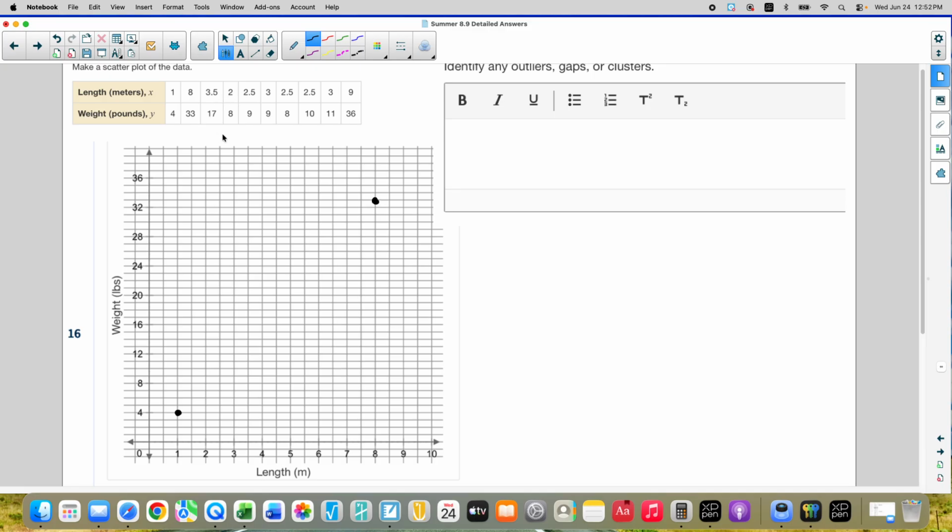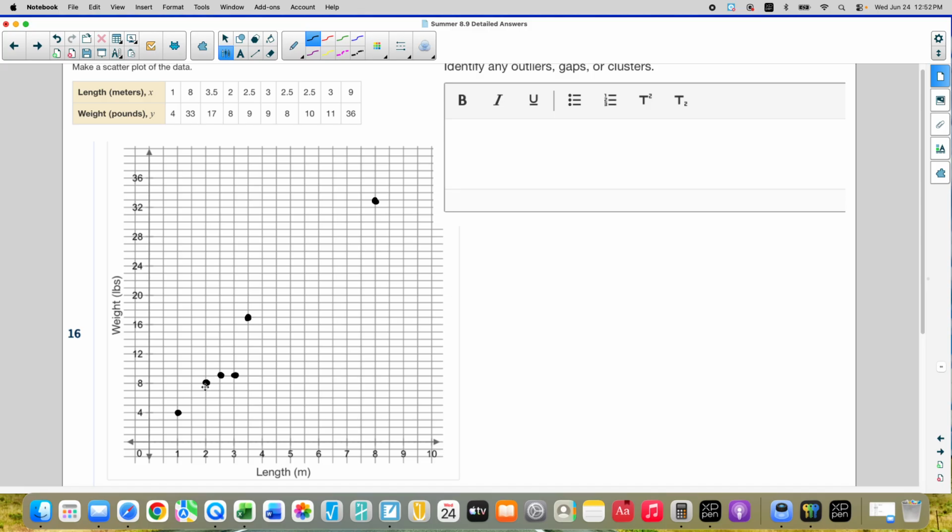We did 3.5, 17. So 3.5, 17 right there. 2, 8 is right there. 2.5, 9. 3, 9, same place. 2.5, 8.